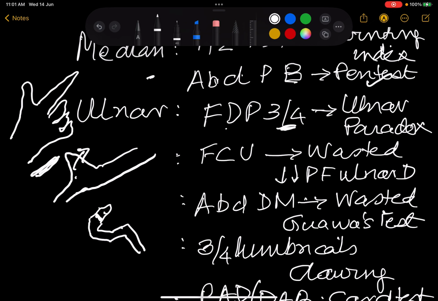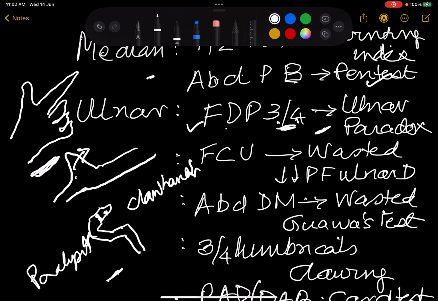Since the DIP flexion is reduced because of paralysis of 3rd and 4th, therefore the deformity decreases. So claw hand decreases, paralysis is higher. This is the paradox. Normally in a higher paralysis there should be more deformity, but here in a higher paralysis there is less deformity. Therefore that is the ulnar paradox.